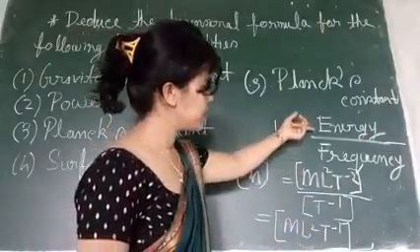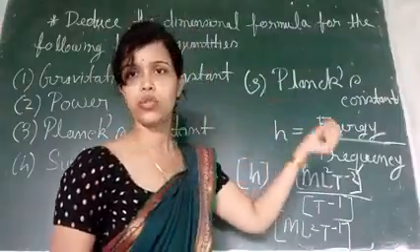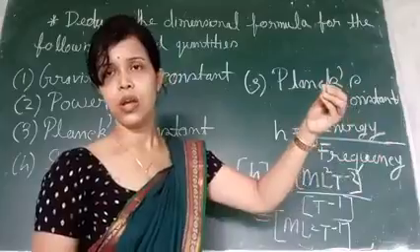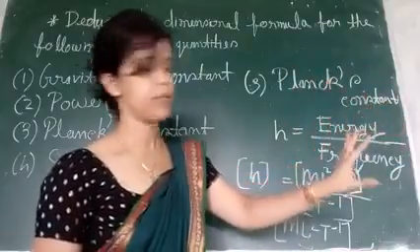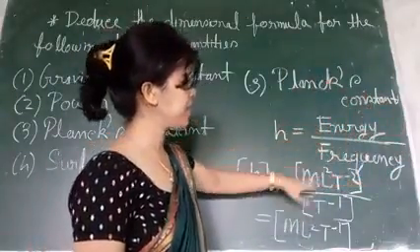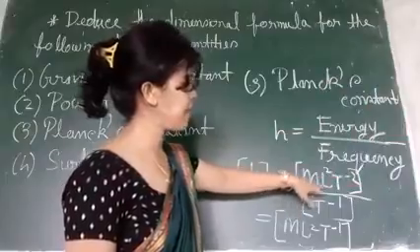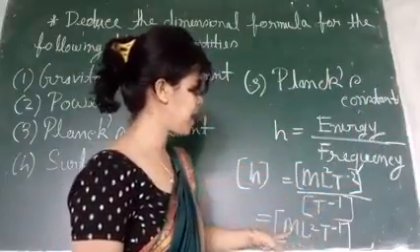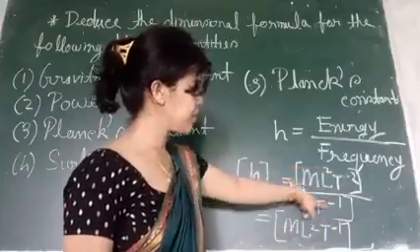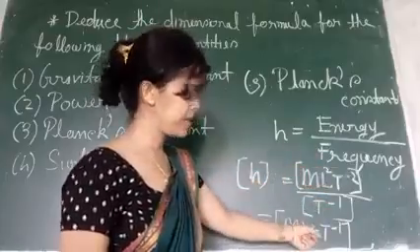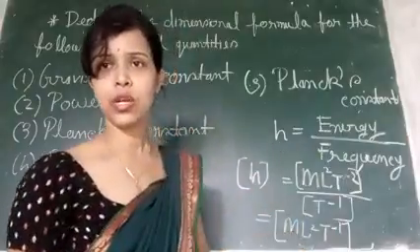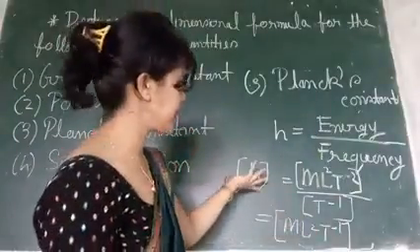To do the work, energy must be spent. So the dimensional equation for work done and energy will be the same. So energy's dimensional formula will be M L square T to the power minus 2, divided by T to the power minus 1, so the result will be M L square T to the power minus 1. So this will be the dimensional equation or formula for Planck's constant.